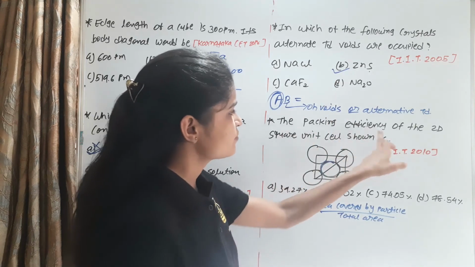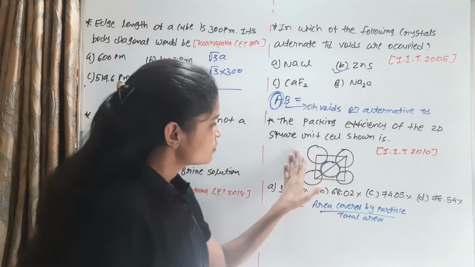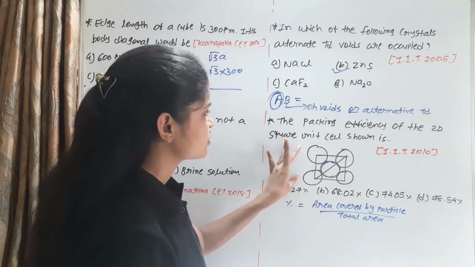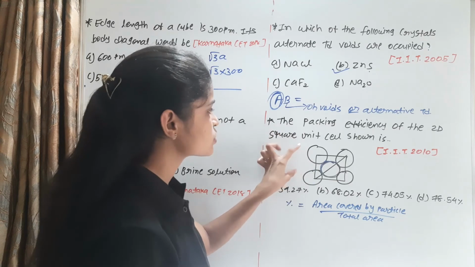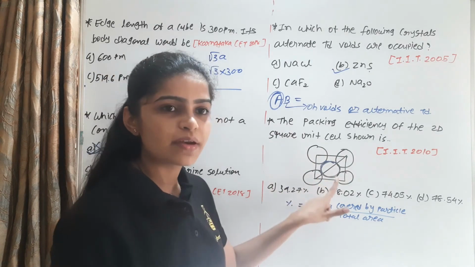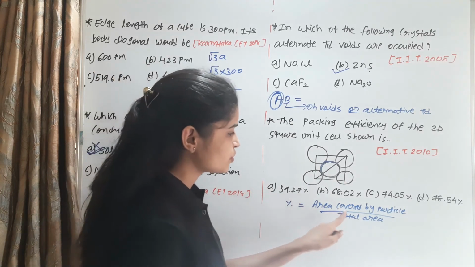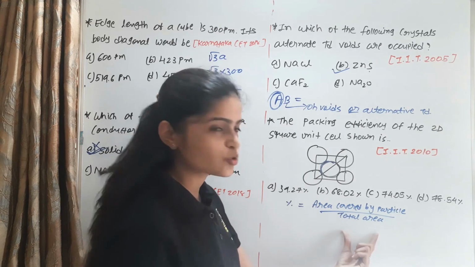Next, the packing efficiency of a two-dimensional square unit cell. Find out the packing efficiency in this square unit cell: 1, 2, 3, 4 corner atoms and 1 body center. The percentage efficiency is equal to the area covered by the particles upon the total area.